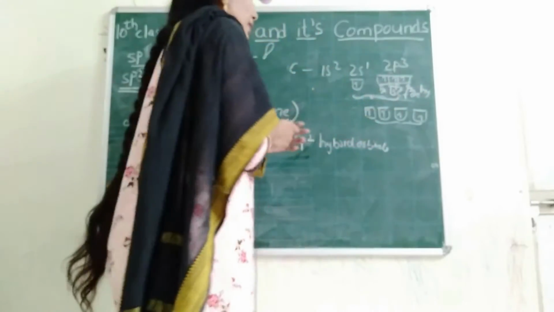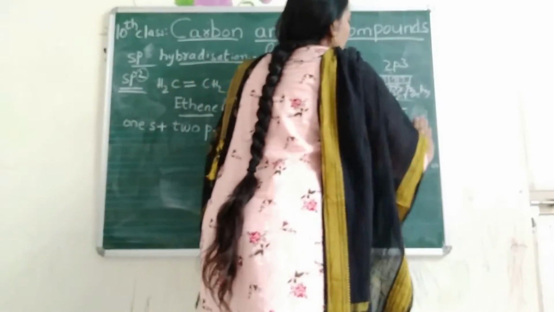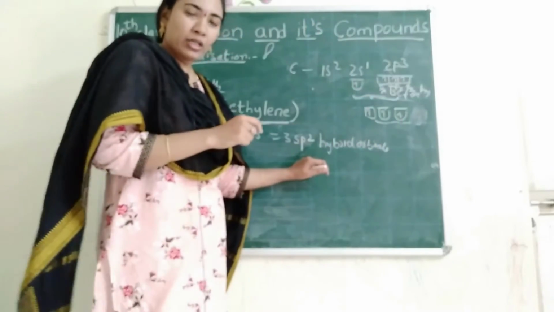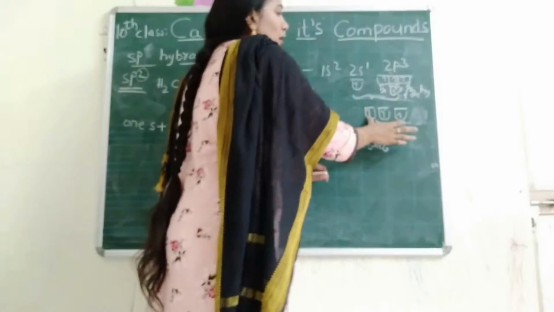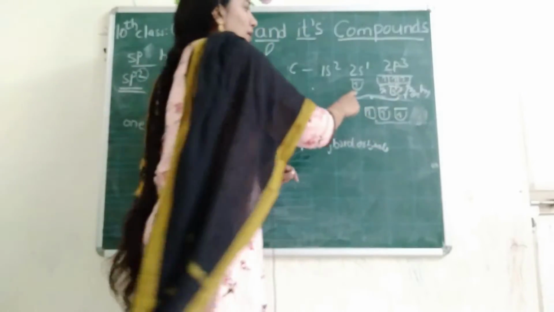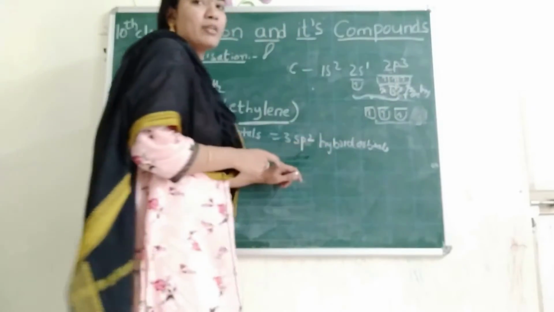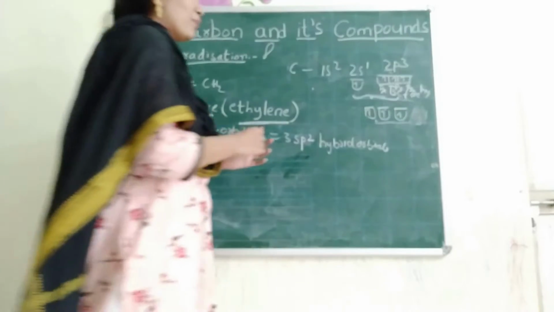Okay, that means after hybridization what happens? The orbitals which are involved in hybridization, that means this s orbital, px and py, they form hybrid orbitals. One s orbital, 2 p orbitals, that means 3 sp2 hybrid orbitals.